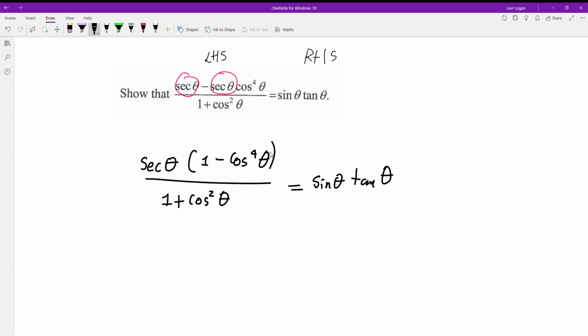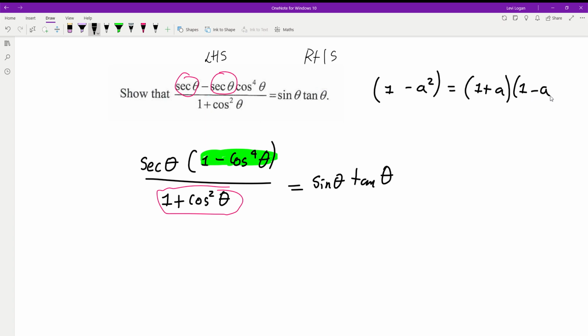What's interesting is this particular term here. The reason why that term's interesting is also because of this term here. You can rewrite this term as a difference of squares. For example, if we had 1 minus a squared, we can rewrite that as 1 plus a multiplied by 1 minus a.